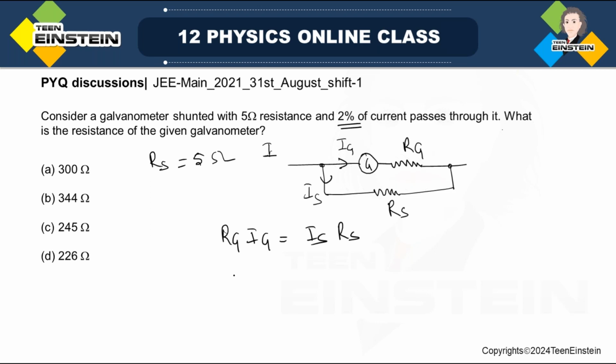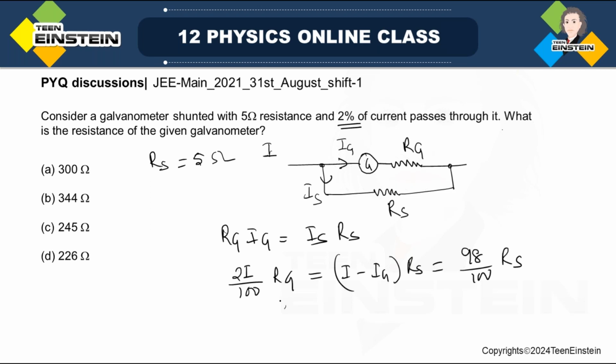So Ig is equal to 2I by 100, into Rg, and I minus Ig will be 98 by 100, into Rs.